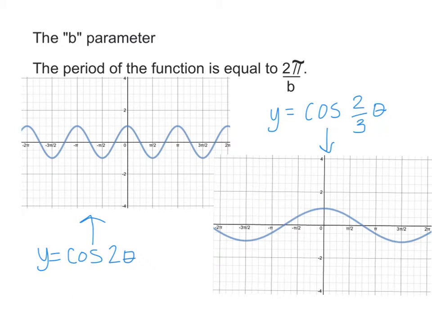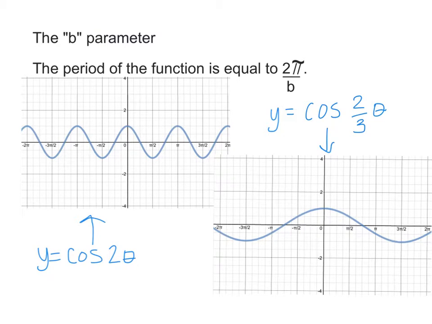The b parameter, so that's the value that's in front of the x or in front of the theta, causes the graph to be stretched horizontally. But the feature that's important when we look at horizontal stretches is the period of the function. The period is that horizontal distance that it takes before the graph starts to repeat itself.